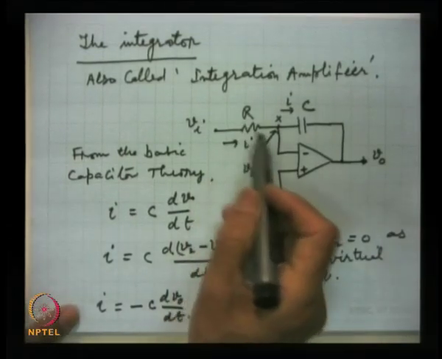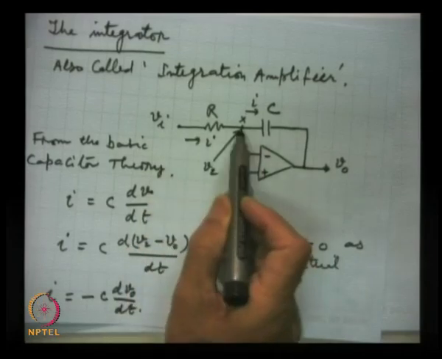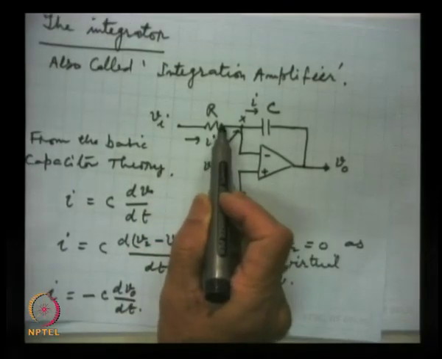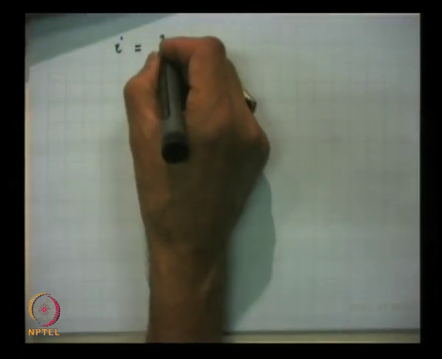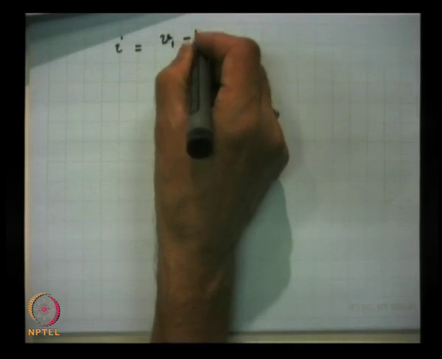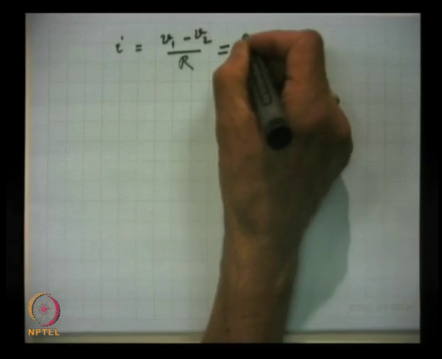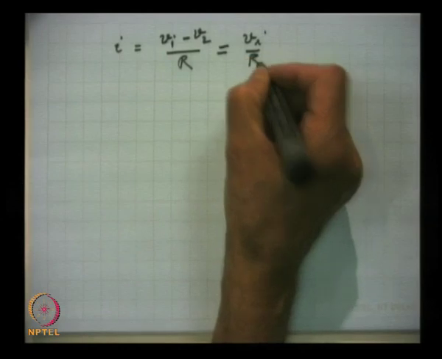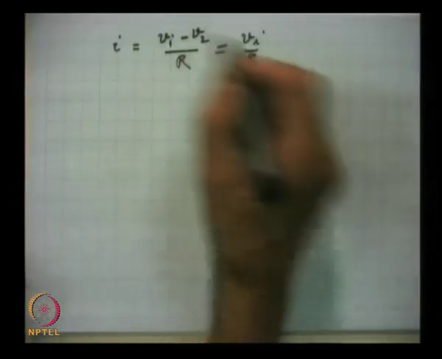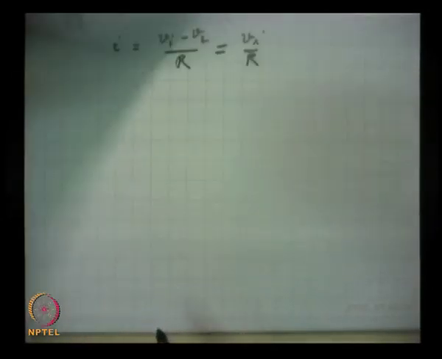and I, this is the same as this I, so I is obviously (Vi minus V2) by R. I is equal to (V1 minus V2) by R, V2 being 0, is equal to Vi by R. This is I. So this I we substitute in this expression.